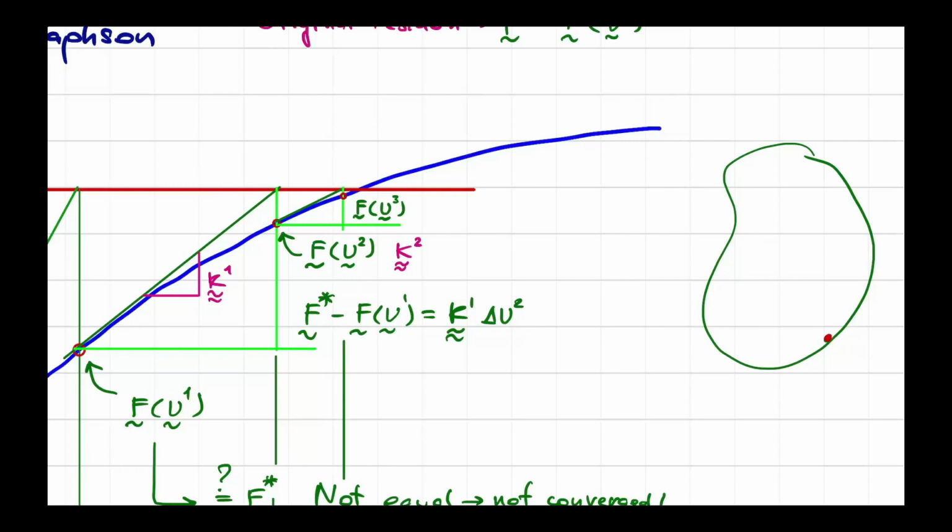That element might be just, if you have 1,000 elements, you might have nonlinearity only over a few. That's just an example of how I said big.